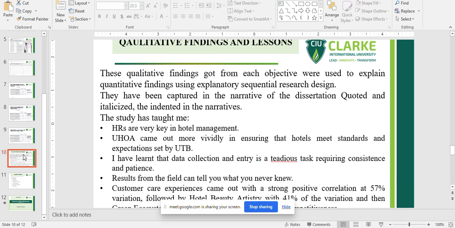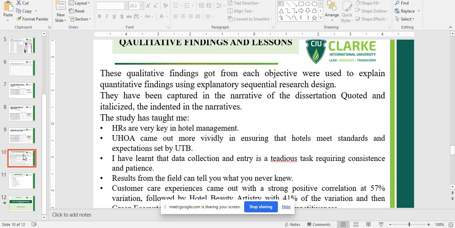I also realized that these hotels are managed and regulated by the Uganda Tourism Board, which sets standards that they have got to follow, and that therefore it also ranks them, assigning them stars. The hotels I studied were 3-star and 4-star hotels.